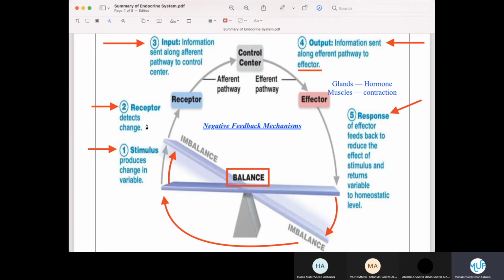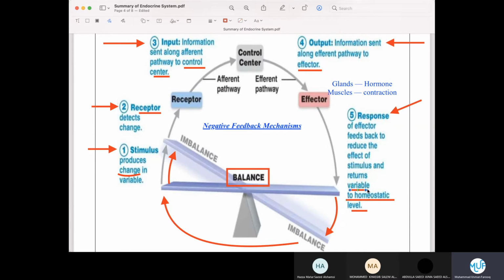So whenever there is any change in your body, in any process, this change is detected by the receptors. They send the message to the control center, which is your brain, and this control center sends it back to your effectors. These effectors are either glands or muscles. If these are glands, they will show a response by producing hormones. If it is a muscle, it will contract and bring the variable back to the homeostatic level.